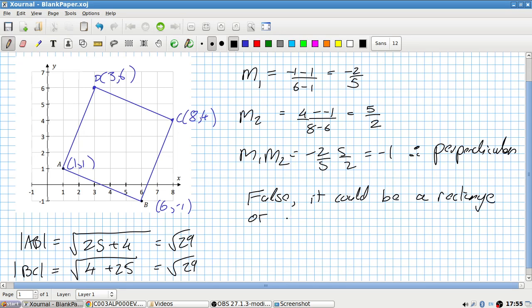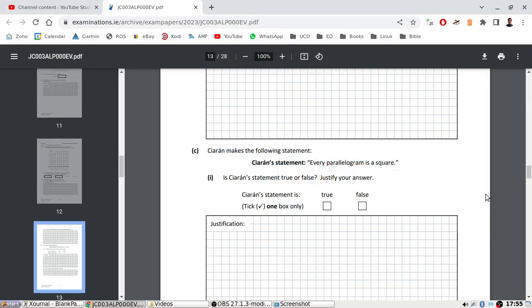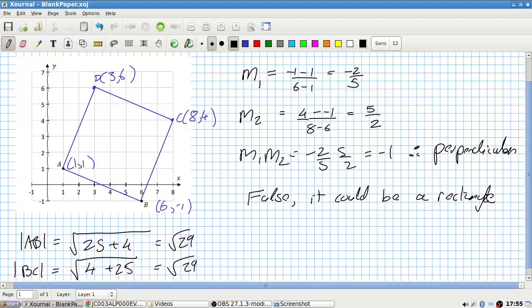I mean, I don't even know how to answer this because obviously not every parallelogram is a square, because then a parallelogram would be a square. It doesn't make sense.